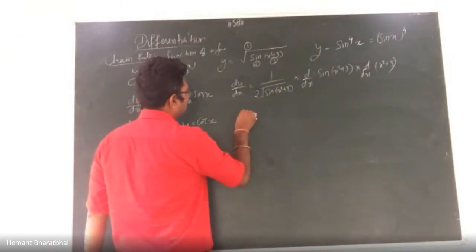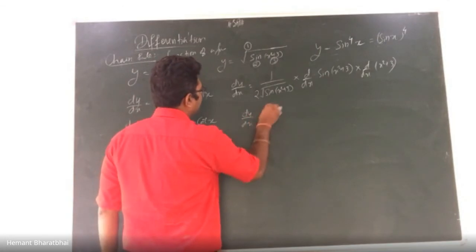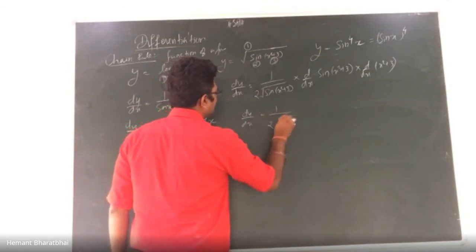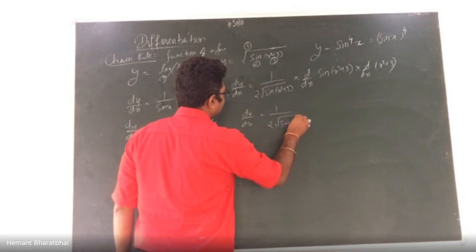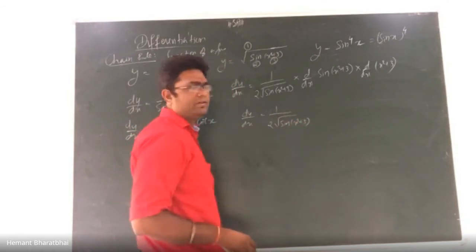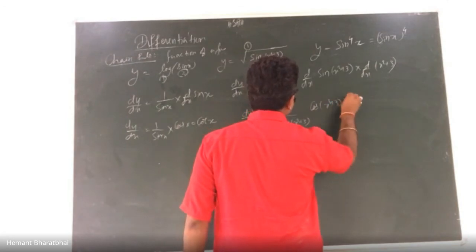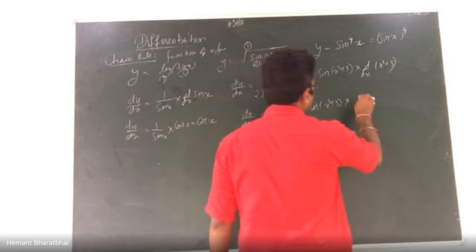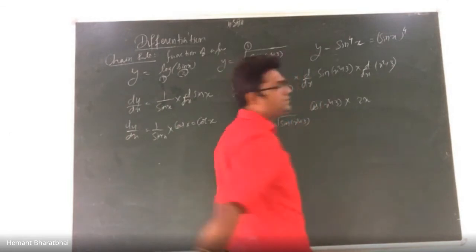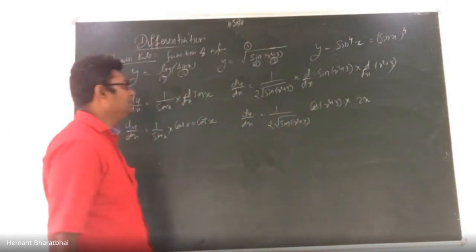So I'll get dy by dx is equal to 1 upon 2 root sine of x square plus 3. The derivative of sine is cos, so this will be cos of x square plus 3. Then the derivative of x square will be 2x, and the derivative of 3 will be 0.